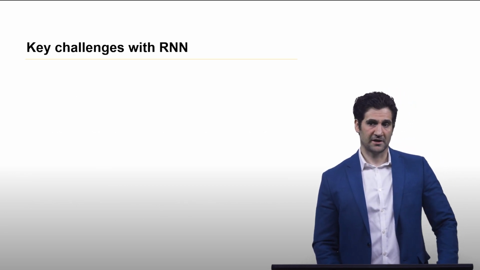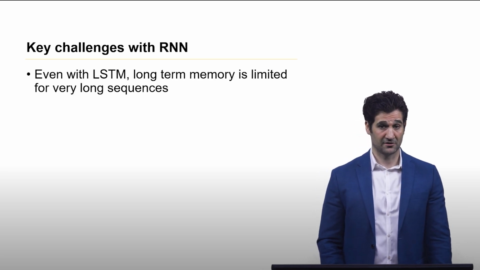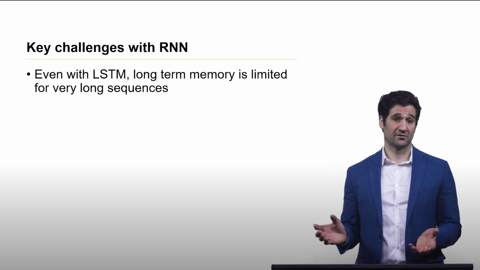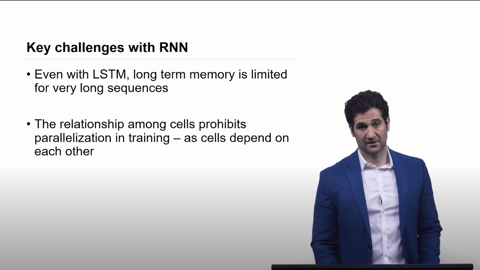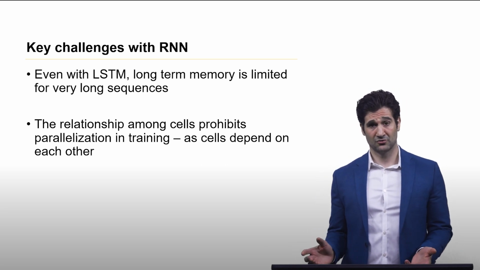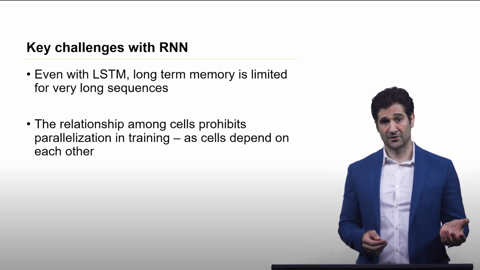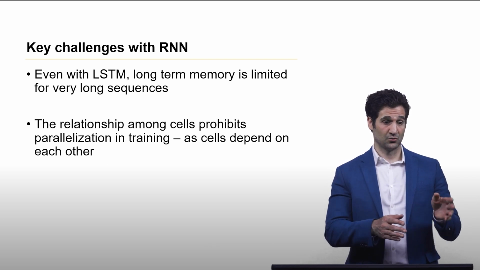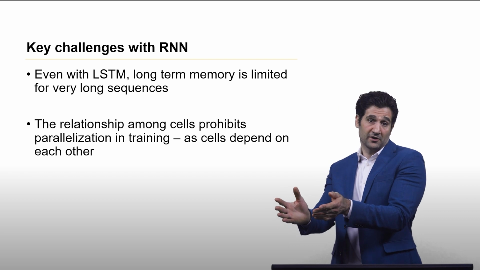Now, even despite the advances with LSTM, there are still challenges, such as the long-term memory is still quite limited over very long sequences of information, and the relationship between cells prohibits parallelization. So if you recall from an earlier lecture, we showed, what if we did language translation where each word in a sentence had its own neural network like that?